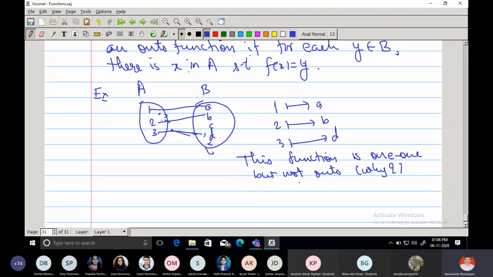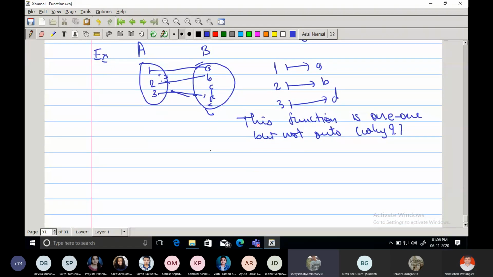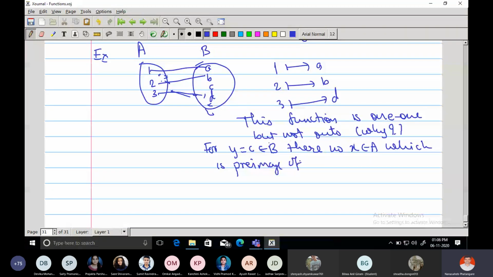Because there is no pre-image of c in A. For y equal to c in B, there is no x in A which is a pre-image of c, right?